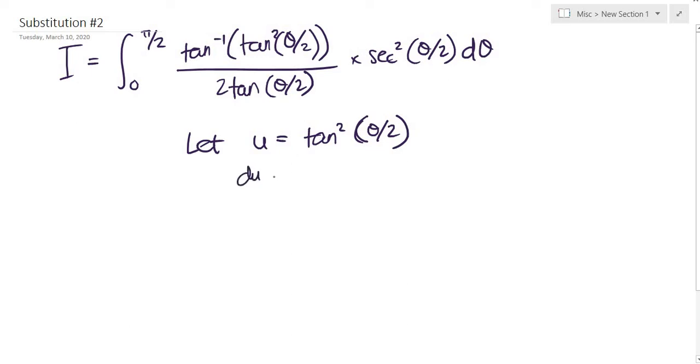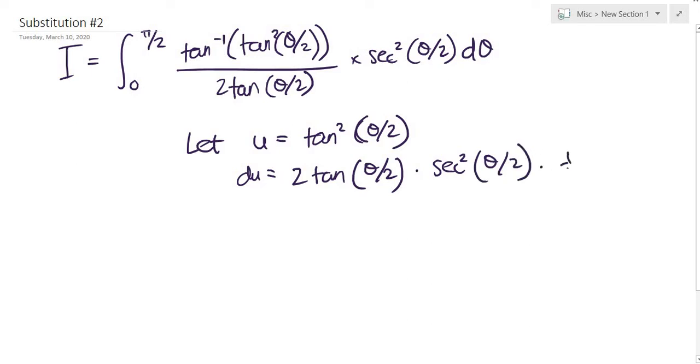So we have du being equal to, well, we can use the power rule. We have 2 times tan of theta by 2 times the derivative of the inside function, which was tan, so secant squared of the variable, and then the derivative of theta by 2 is nothing but a half.